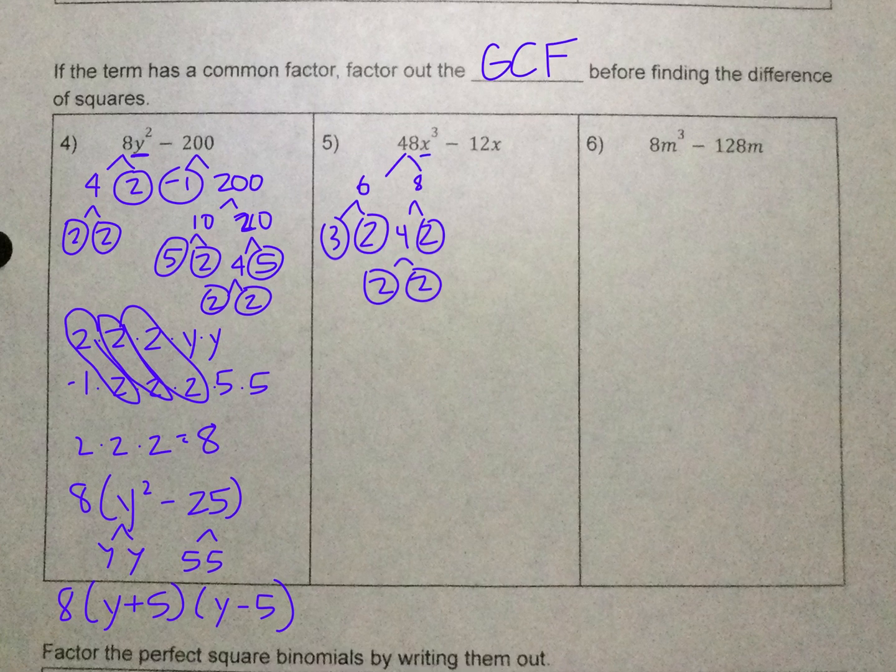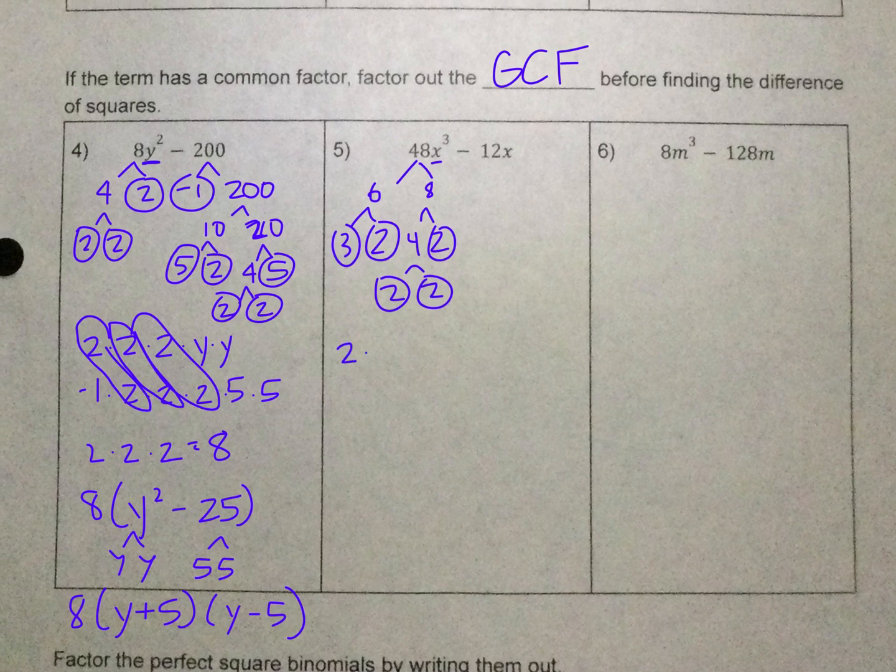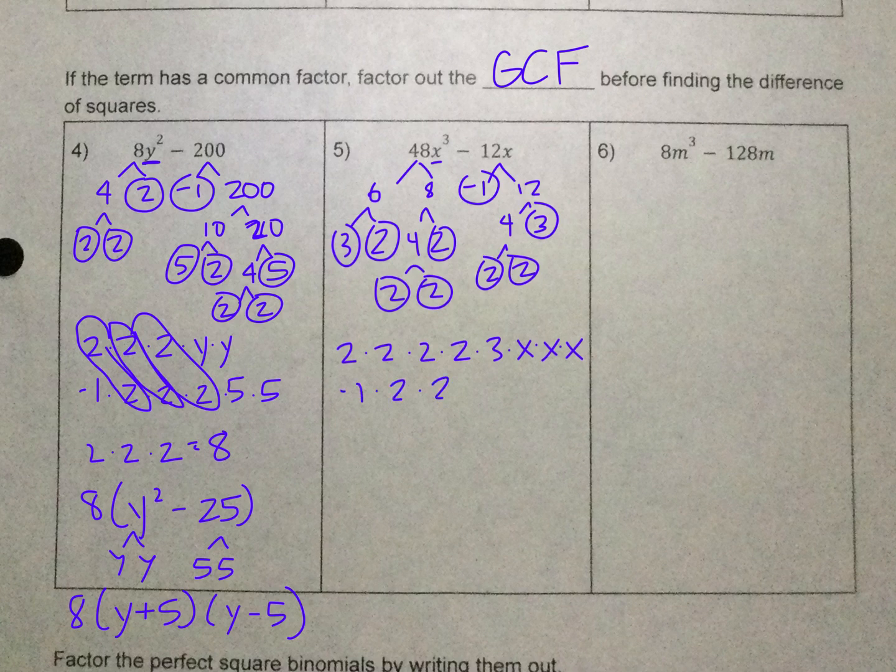Okay, so I broke all that down. Let's break down the 12: negative 1 and 12, 4 and 3, 2 and 2, so negative 1, 2, 2, 3, x.